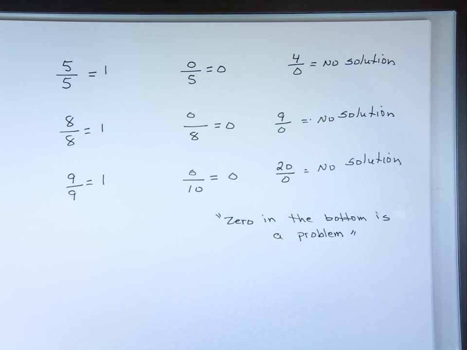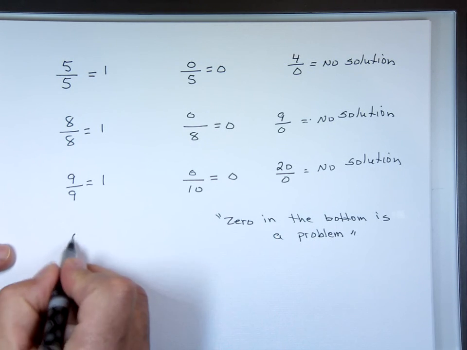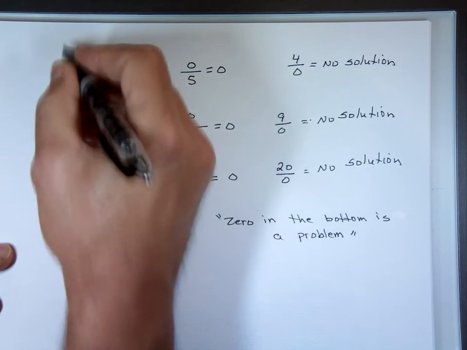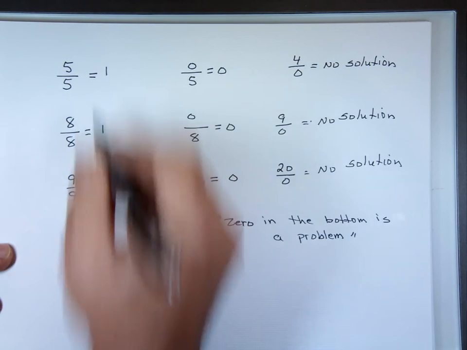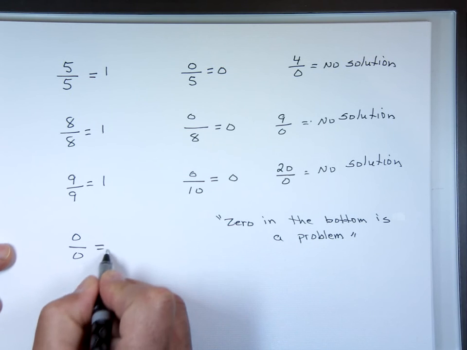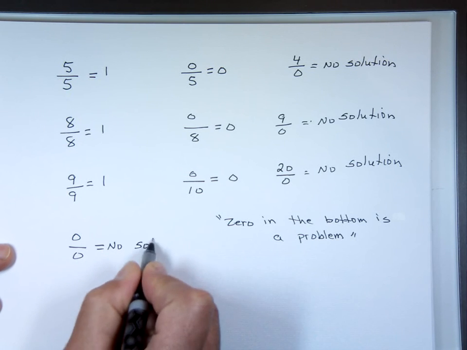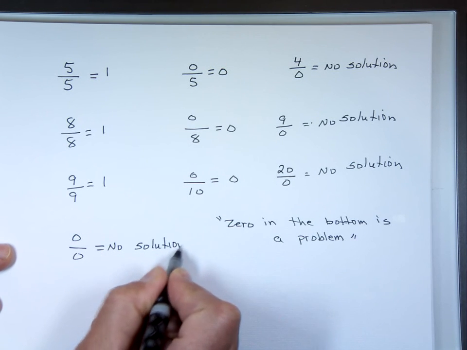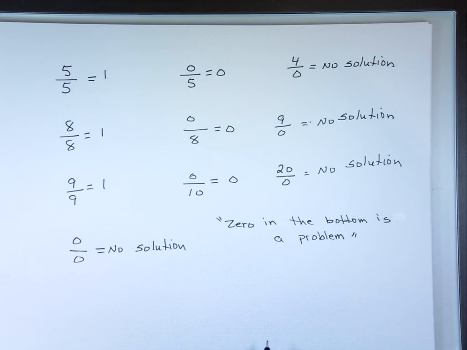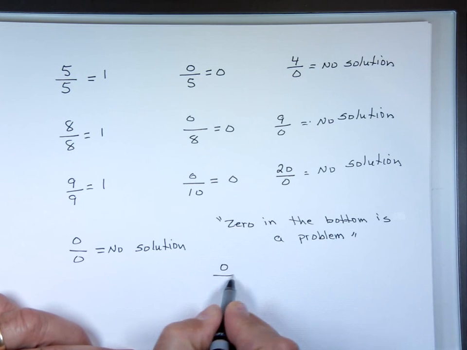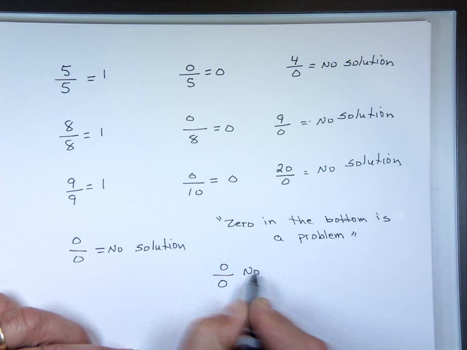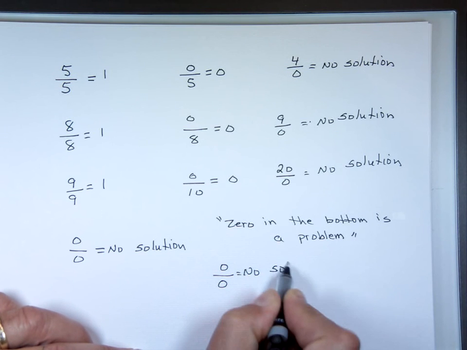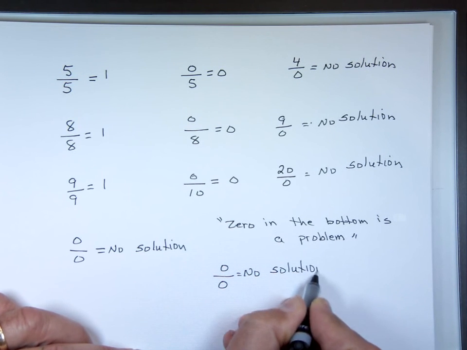So that's why when you divide 0 by 0, it's not really a 1. Notice any number by itself, it's a 1. But 0 by 0, no solution. We said when you have 0 on the top, it's always a 0, except 0 over 0, no solution. Once you see 0 on the bottom, I don't care what the top is, the problem has no solution.